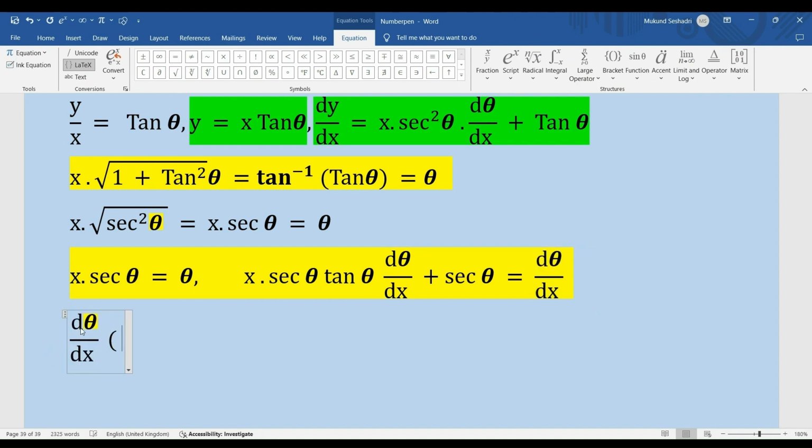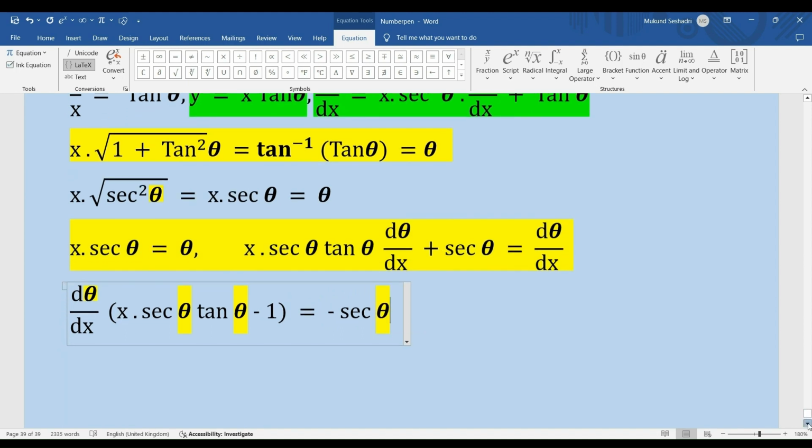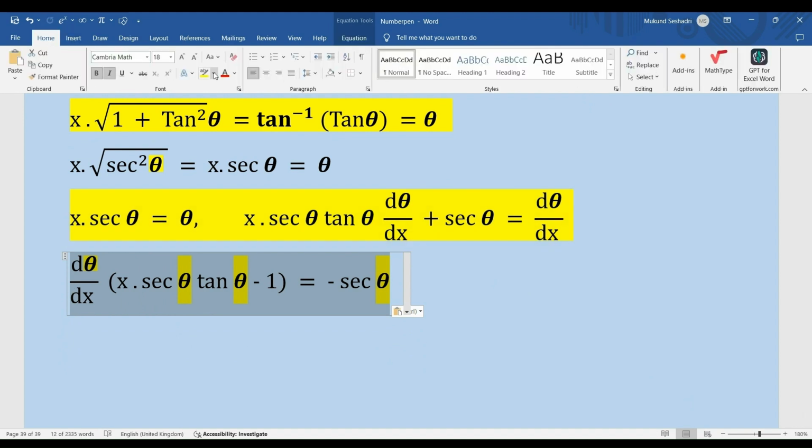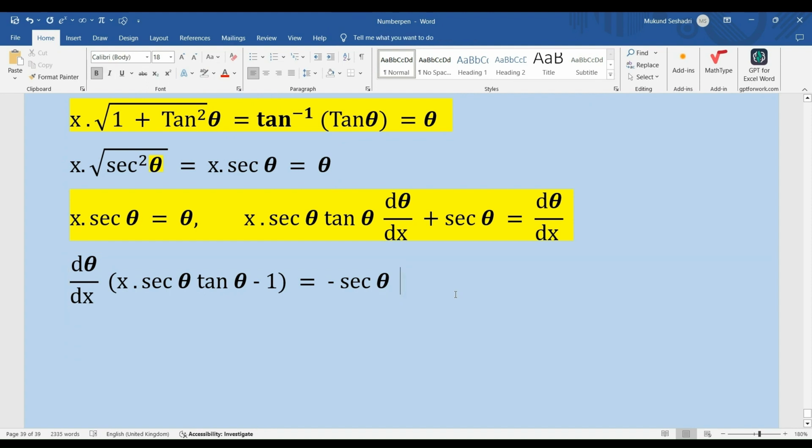So all I'm doing is a bit of rearrangement out here, folks. So my x secant theta minus 1, right, becomes equal to minus of secant theta. So this is what we have. And I know that from this particular expression, I can arrive at my d theta by dx, right?